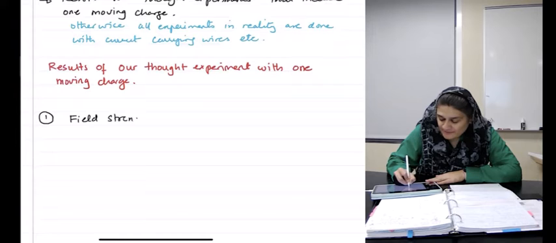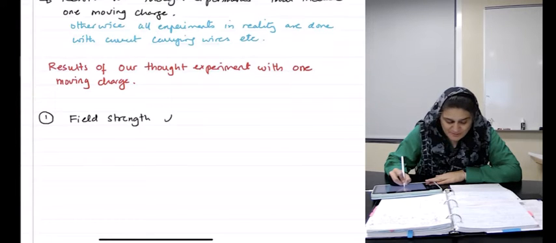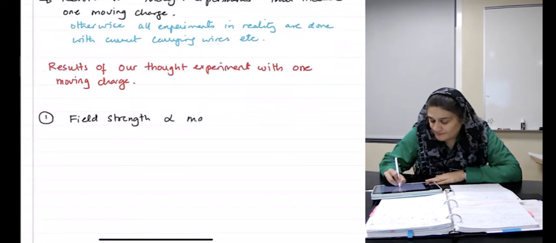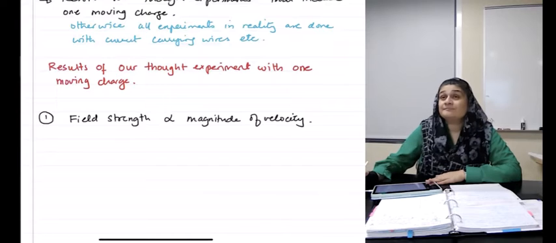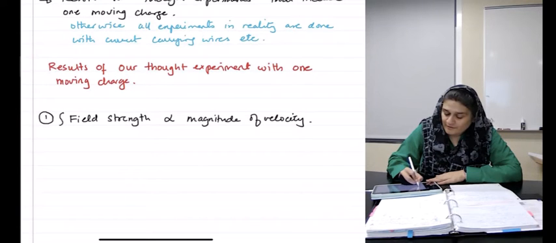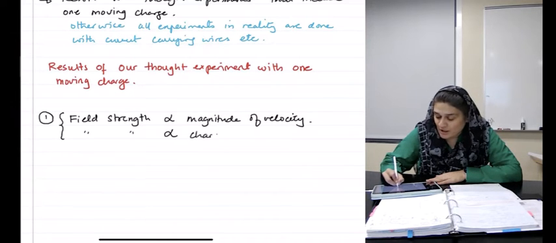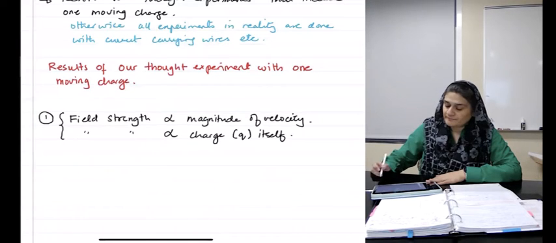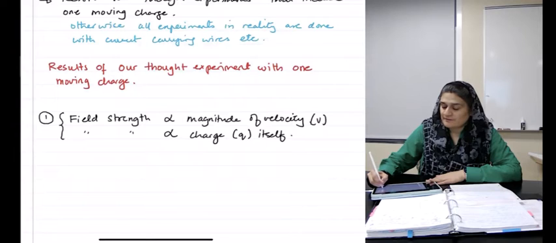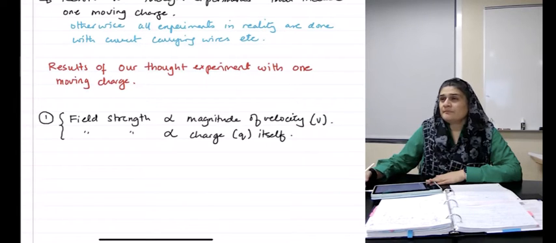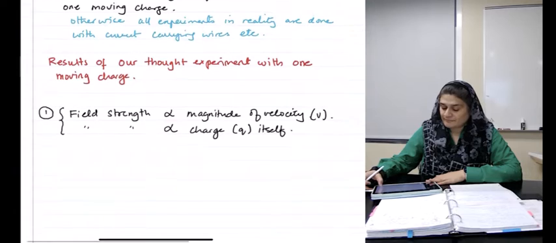Field strength is proportional to the magnitude of velocity. Field strength is also proportional to the charge Q itself. So you can write this as V, the magnitude of velocity.